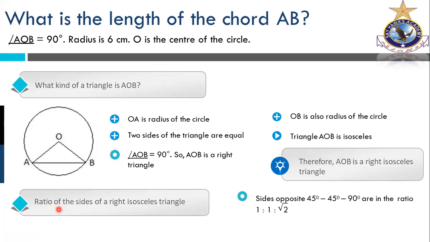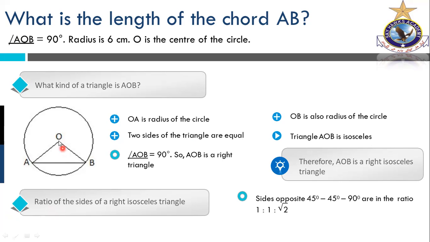Absolutely right. The sides opposite the 45 degree, 45 degree and 90 degree angles are in the ratio 1, 1, square root of 2. This is a theorem from elementary geometry that we have seen many times: if a triangle is a right angle triangle and its two sides are equal, then the angles opposite to those corresponding sides are equal.